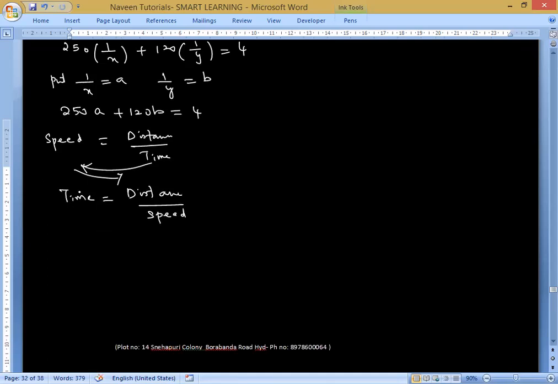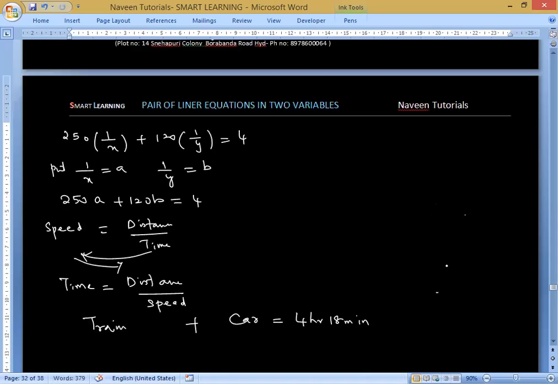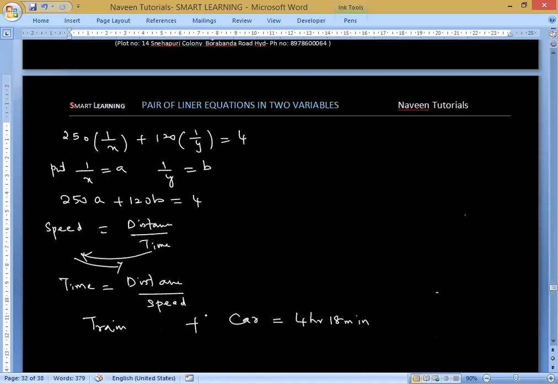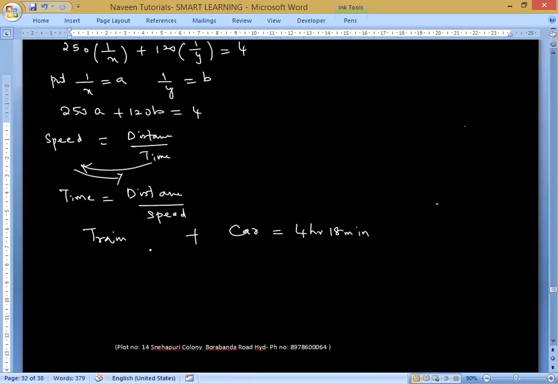Then first we'll talk about the train, and again the car. So both together take 4 hours 18 minutes. So for the speed of the train, how much distance has he traveled? 130. So write this as 130 by x.